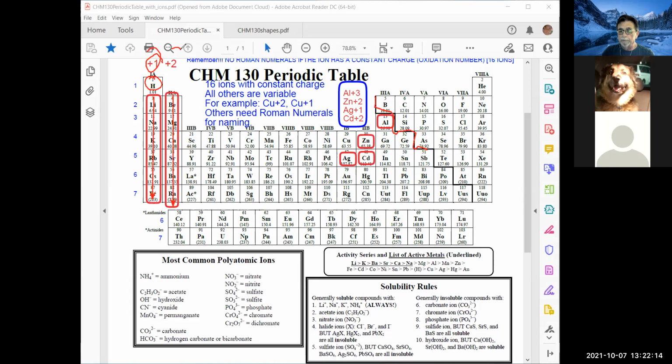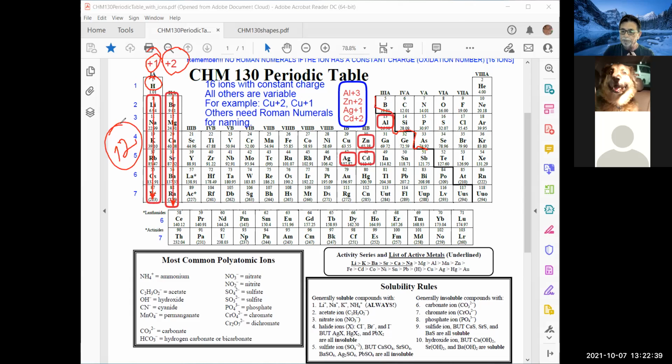If you're keeping count, you've got 6 for the first column and 6 more for the second column. So right now you've got 12 elements whose charge you know 100% of the time when they become cations. They don't vary, they don't change.